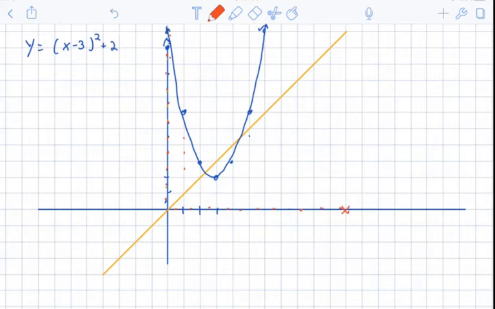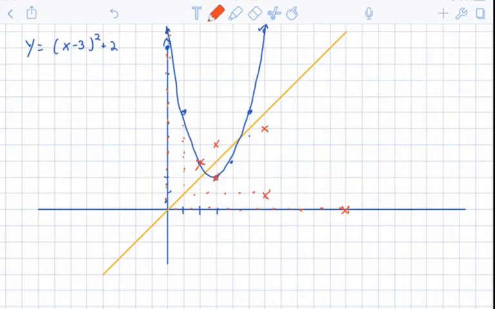This point is 5 in x, so it's going to be 5 in y. This one is 1 up, so it's going to be 1 over like that. This one's the one to the side, so it's going to be 1 up. This one is 1 to the right, so it's going to be like that. This one is 1 above, so it's going to be 1 to the right.